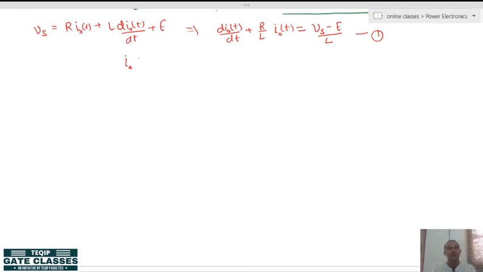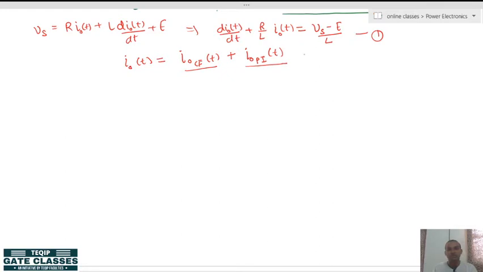So this I naught of t will consist of two solutions. First is I naught CF, CF meaning complementary function, when the forcing function is 0. Another response is called the natural response, or in mathematical terms the particular integral.